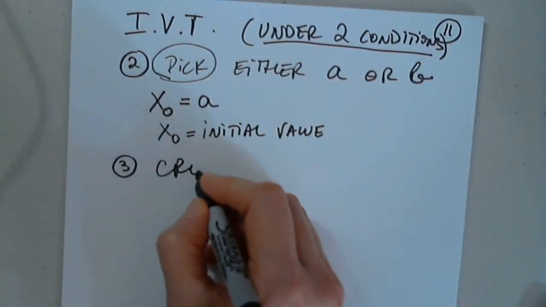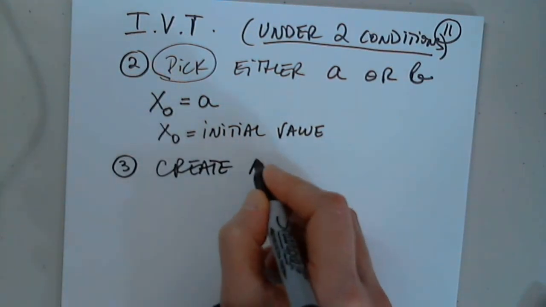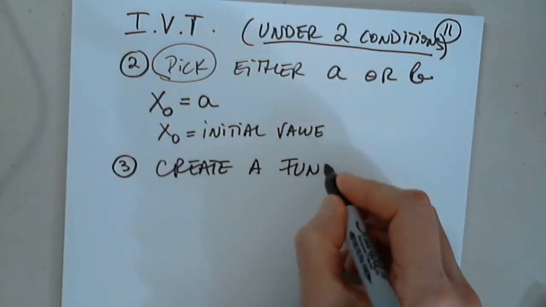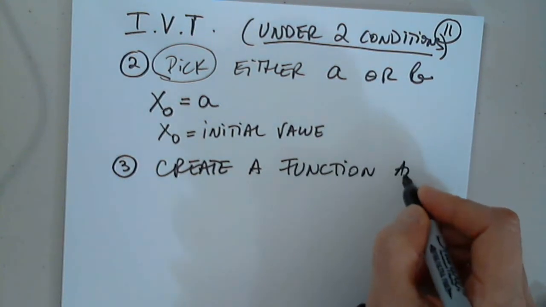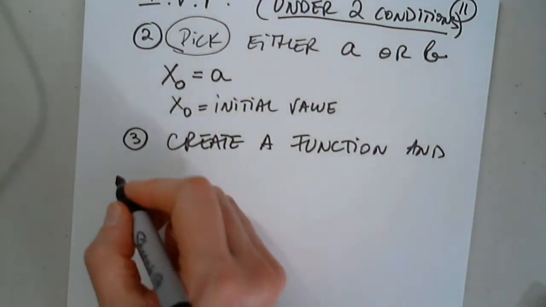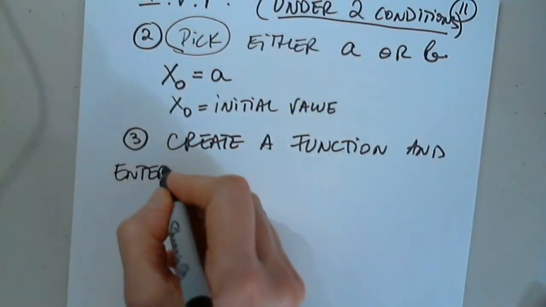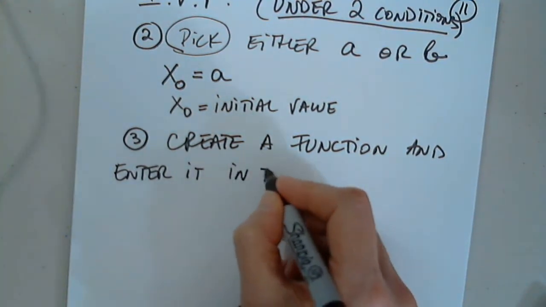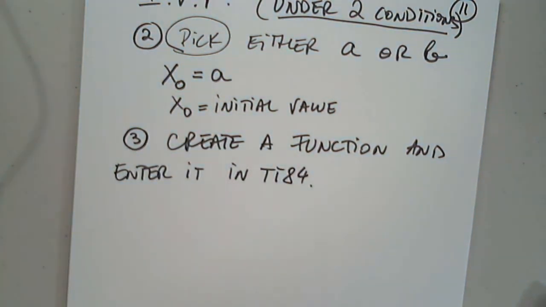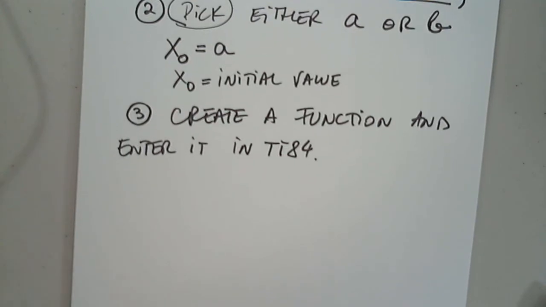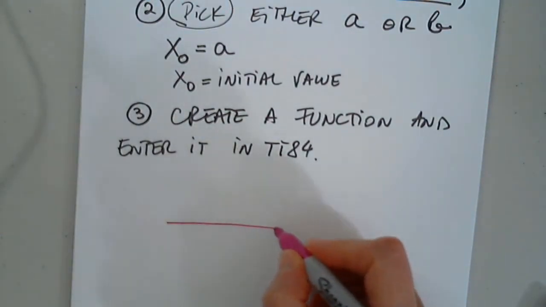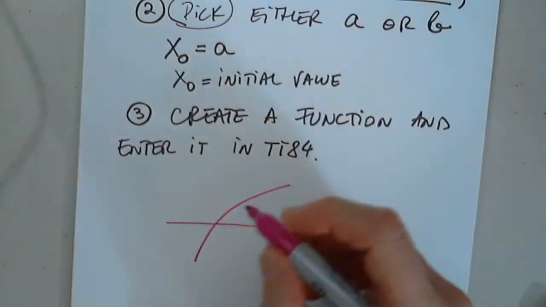In step 3, I create a function and enter it in the graphing calculator. Now I will explain the method, and then I'll show the function. But first, let's talk about the method. I'm just going to enlarge the situation here.